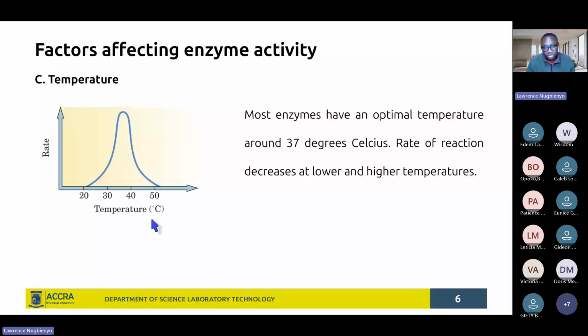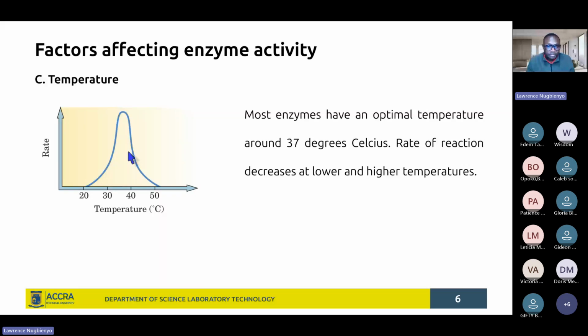Of course, those ones can have their enzymes acting optimally in such very high temperature conditions that support their life. But here, let's say that the optimal temperature is 37 degrees Celsius.